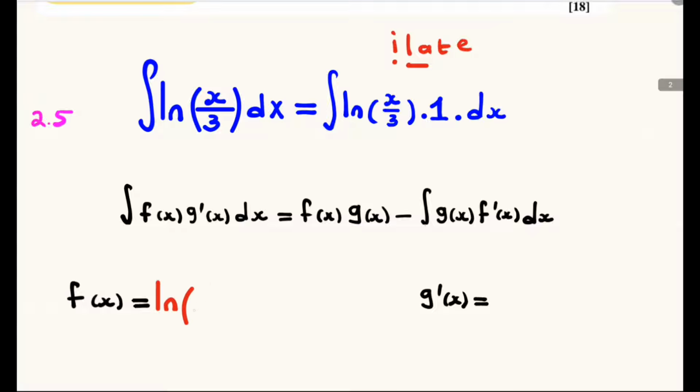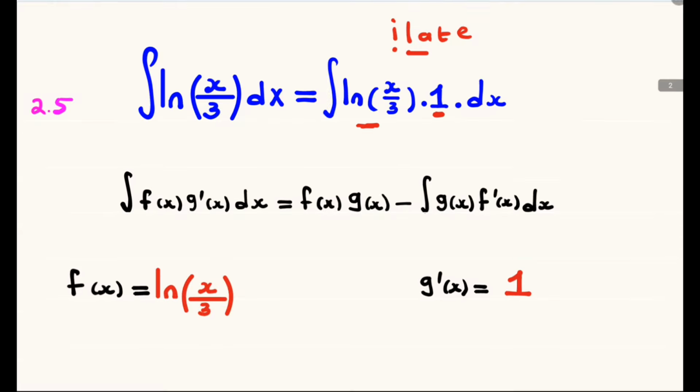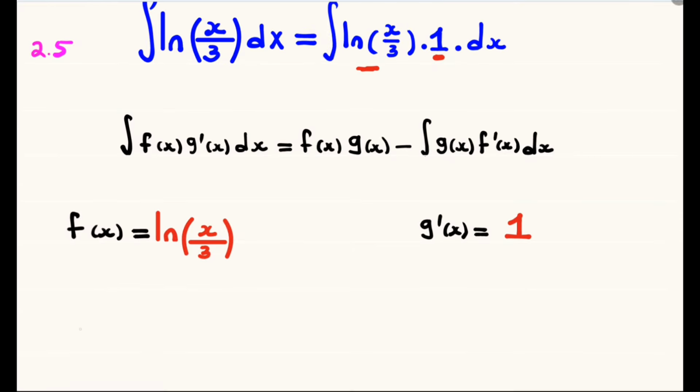So the ln of x over 3 will be the f of x, and the g prime of x will be equal to the 1. We differentiate the f of x and integrate the 1. We differentiate the f of x to get the f prime of x and integrate the g prime of x so that we can get g of x.